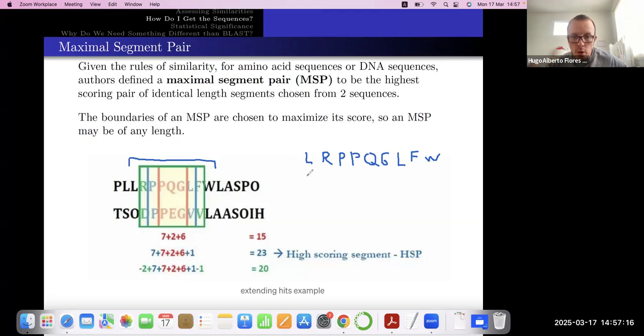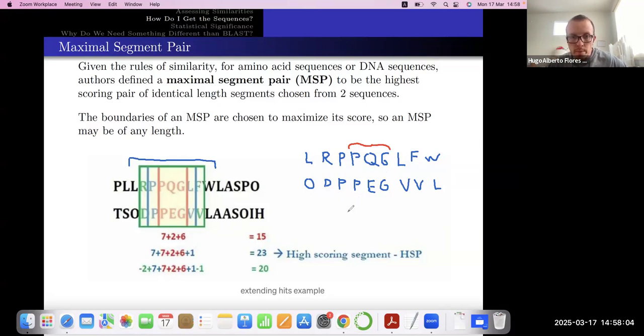Down below, under the L there is a D, then P, another P, E, G, B, A, and L. At the very beginning, you are considering this segment, PQG, and you are comparing it with this one.